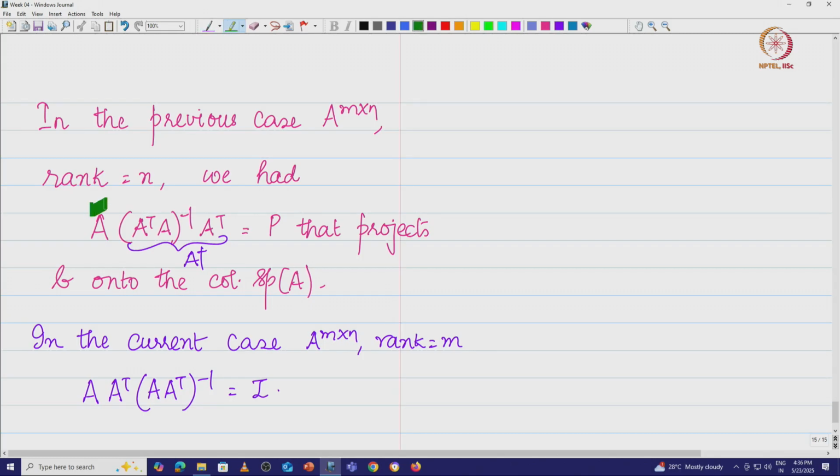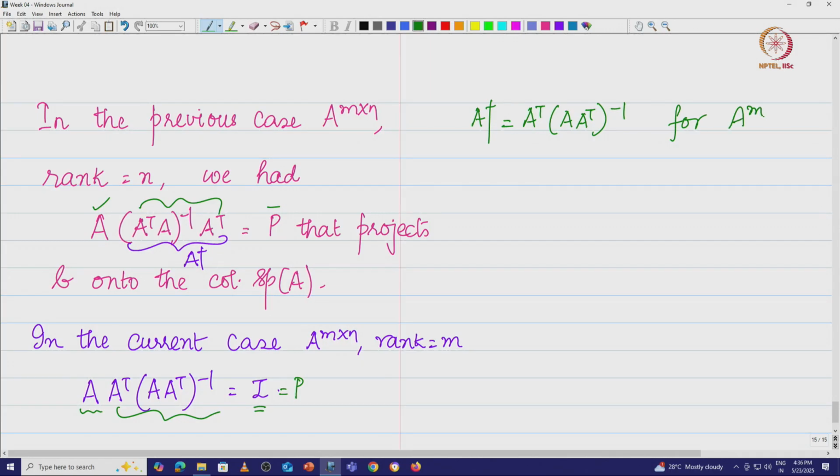There, A into A pseudo inverse was equal to the projection matrix. Same way, I have A into something is equal to the projection matrix, which is the identity matrix here. So, I have A transpose into A A transpose the whole inverse, this is my pseudo inverse for A m by n with rank m.